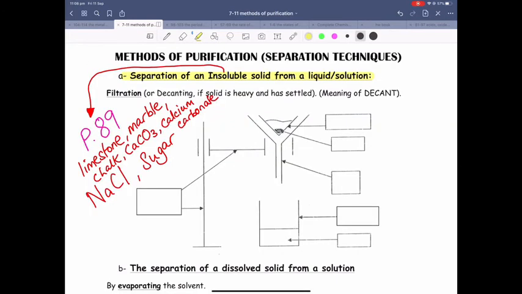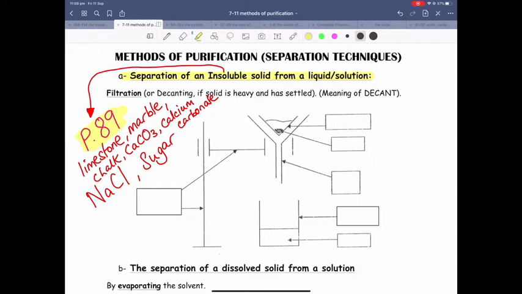So, it's important to have a look at page 89 to determine what is soluble or insoluble. And obviously, you're going to have to learn it at some point. So, separation of an insoluble solid from a liquid or a solution.